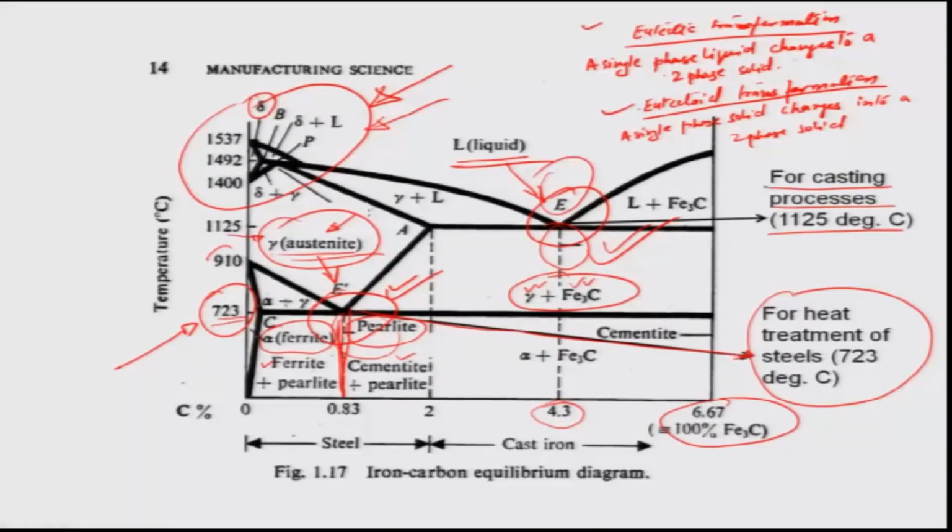So, these two transformations are very important from the standpoint of application in the industry. But the materials engineering property, as I told you, comes in this phase, where there is another transformation which is known as the peritectic transformation, and I will just define what peritectic transformation means.